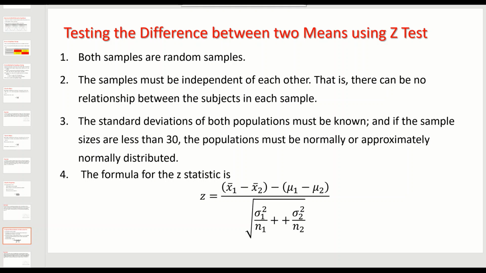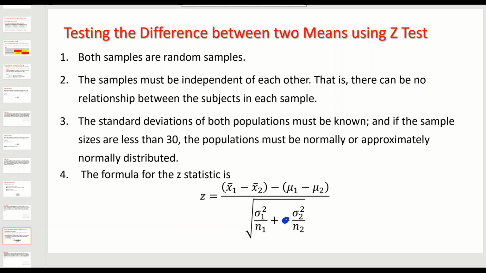In that case, when we perform the hypothesis test, the z value or the test statistic that we are calculating will be given by the formula here: z equals the difference of two means, x1 bar minus x2 bar, minus the difference of the population means, mu sub 1 minus mu sub 2, all divided by the square root of sigma 1 squared over n1, plus sigma 2 squared over n2.